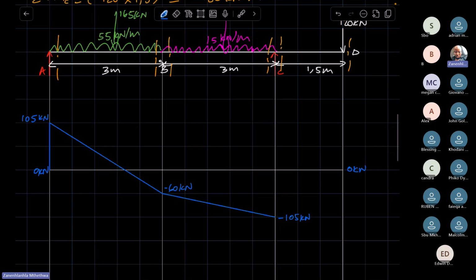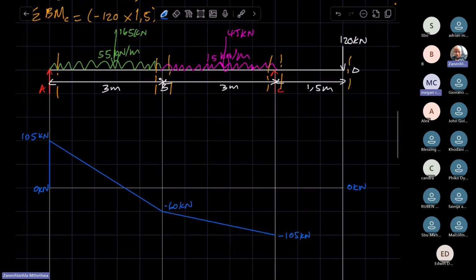So now you say the negative 105 plus the 225, which is the reaction at C. And what do you get? 120. Remember that we are still at point C. So from here, you draw a straight line going up to 120.